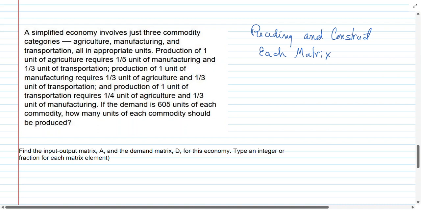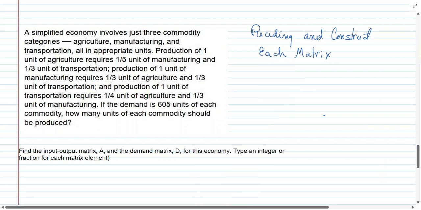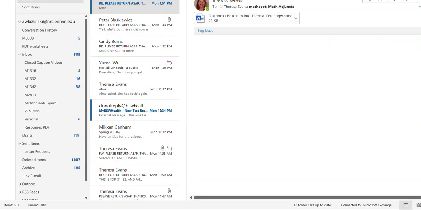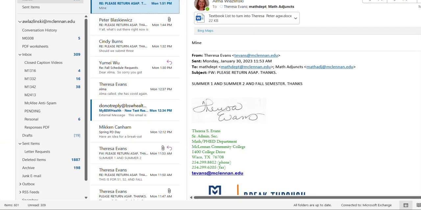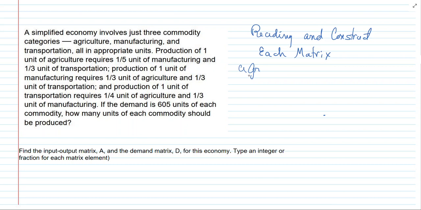So we have 3 commodities: agriculture, manufacturing, and transportation. All right, those are categories.